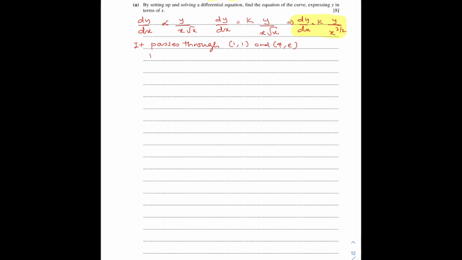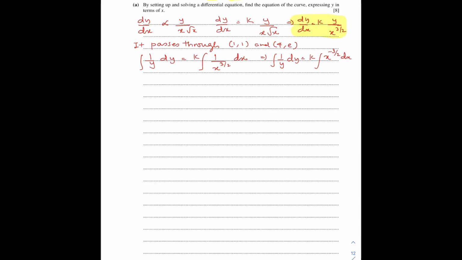So I'm writing 1 over y dy is k times 1 over x to the power 3 over 2 dx.